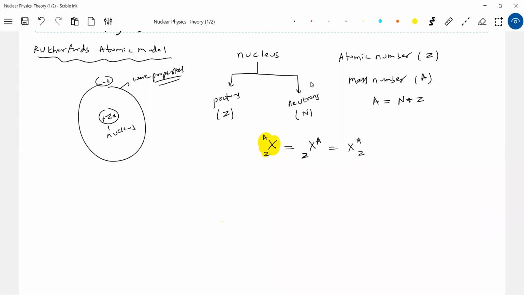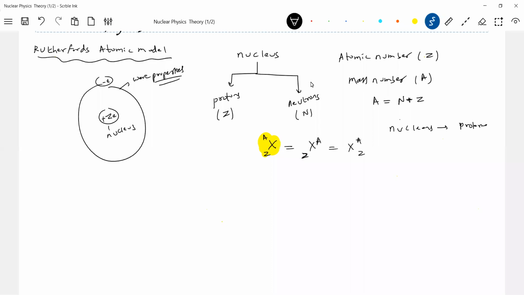Here the prefix says the atomic number, the number of protons. This gives the total number of the sum of neutrons and protons. The sum of neutrons and protons, we call nucleons. So what are nucleons?